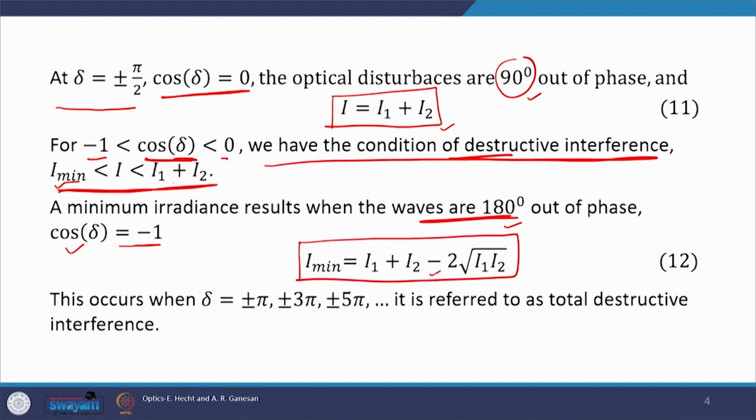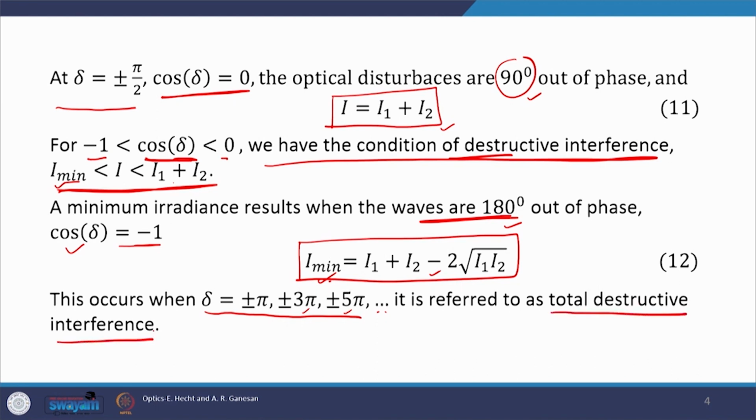Here we now have a minus sign, the intensity is even smaller than I 1 plus I 2. And this occurs when del, the phase difference, is plus minus pi, plus minus 3 pi, plus minus 5 pi, and so on.